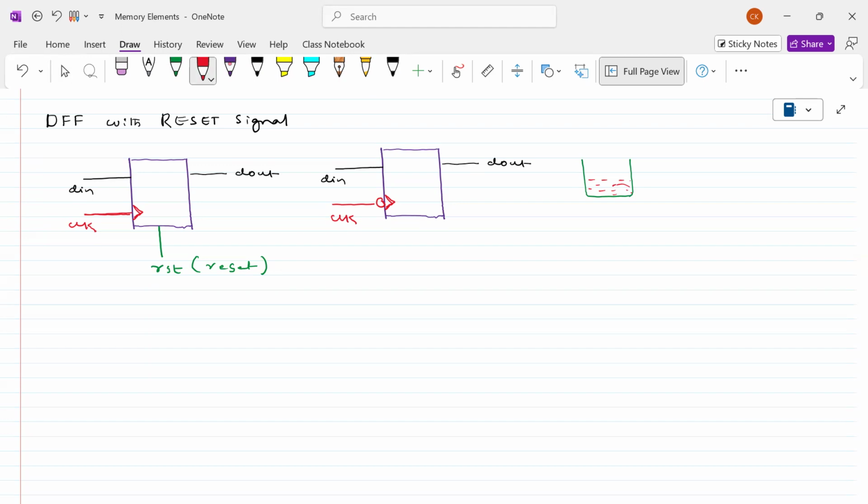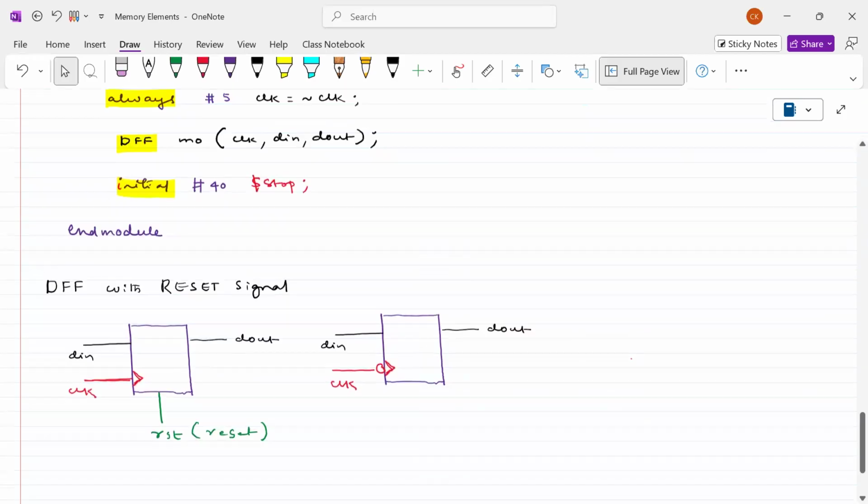You put it under the tap, clean it, and then pour some new things in and make use of it. The same thing. How can you clean this? By applying the reset signal. So this is the reset signal.